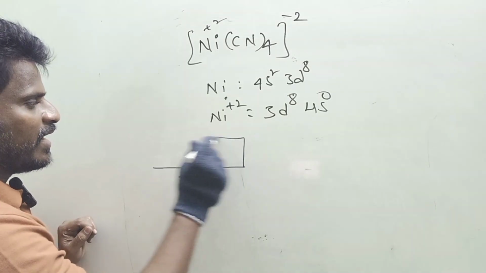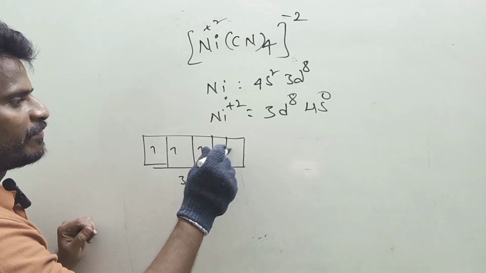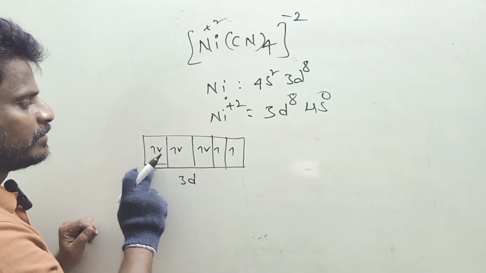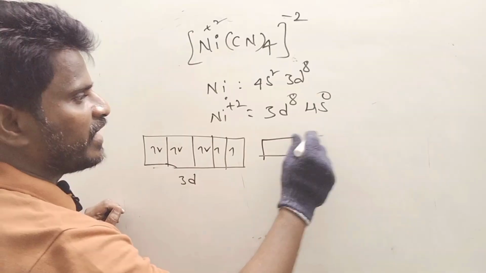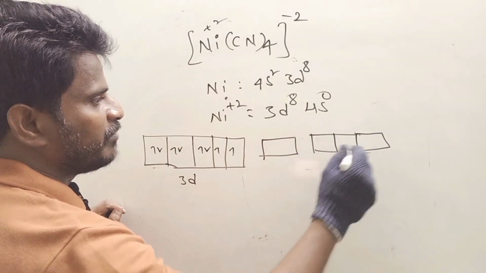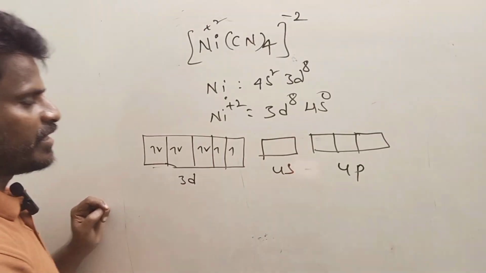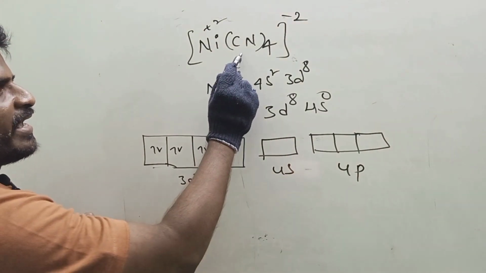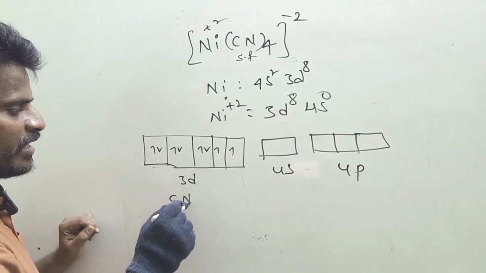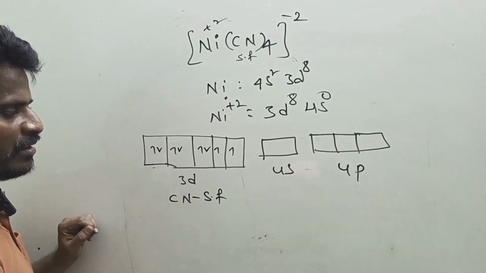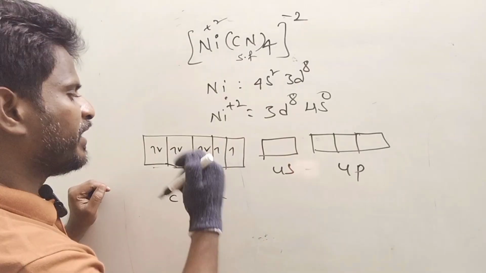The 3d orbital has 8 electrons: 1, 2, 3, 4, 5, 6, 7, 8. And the 4s orbital is in empty state, and the 4p orbitals also, 4s and 4p are in empty state. Here the ligand used is a strong field ligand. Then CN is a strong field ligand. In the presence of a strong field ligand, pairing of the unpaired electrons takes place.